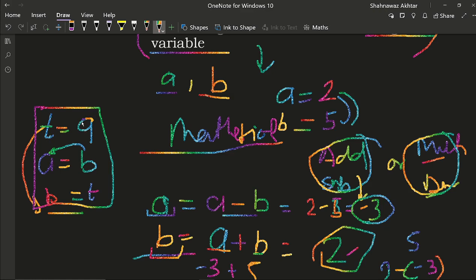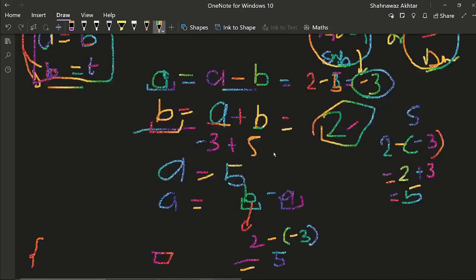I have stored a's value in t, so now a is free. Now assign b's value to a, then b is free and a has the value of b. A's initial value is stored in t. Now store t in the b variable.